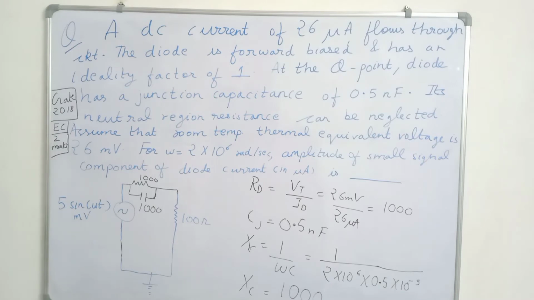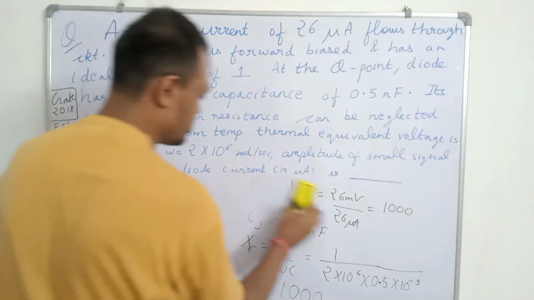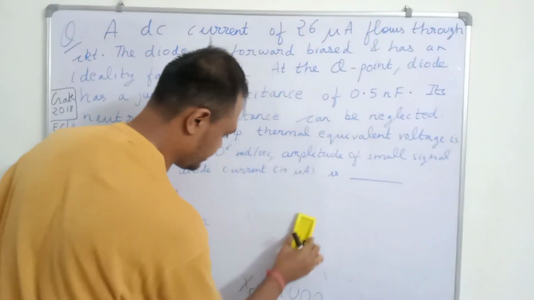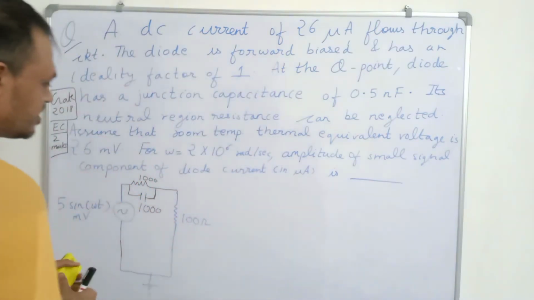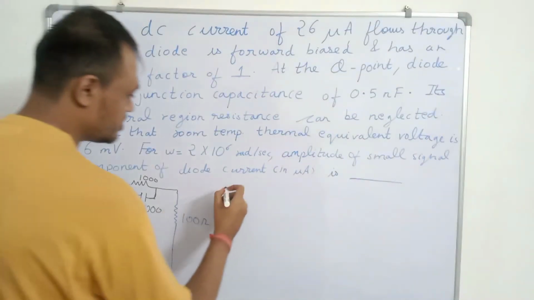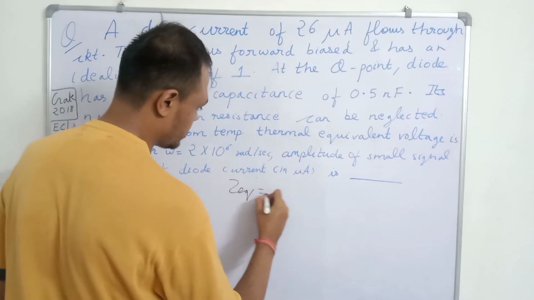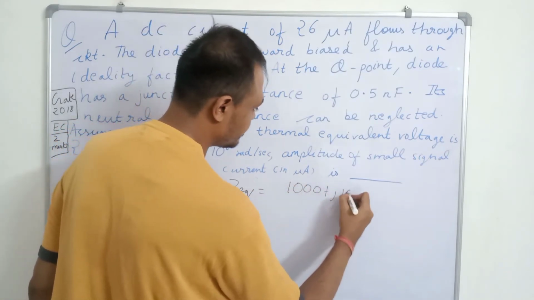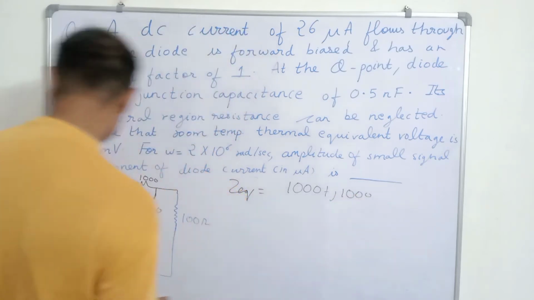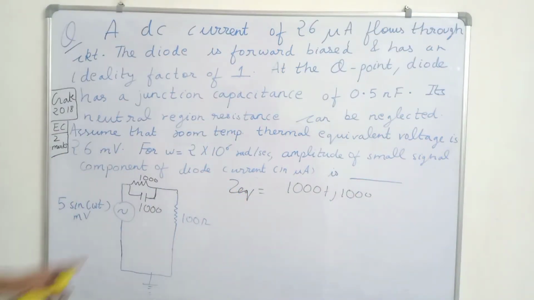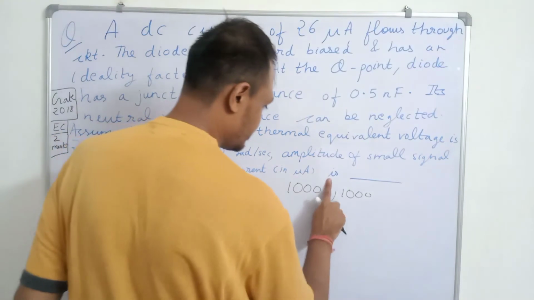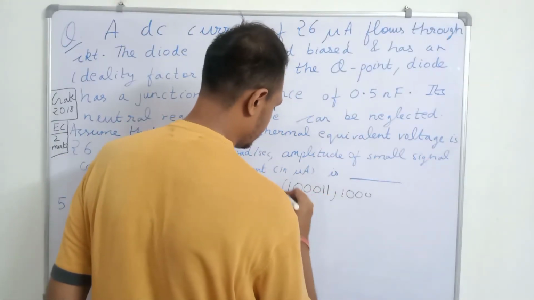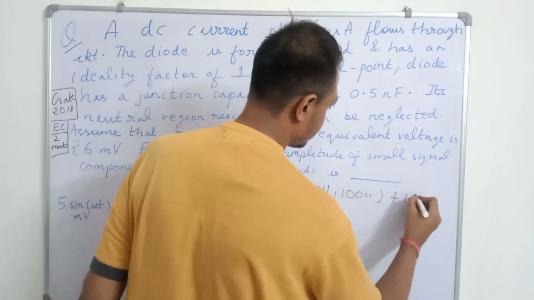So Z equivalent will be equal to 1000 in parallel with j1000, plus 100.